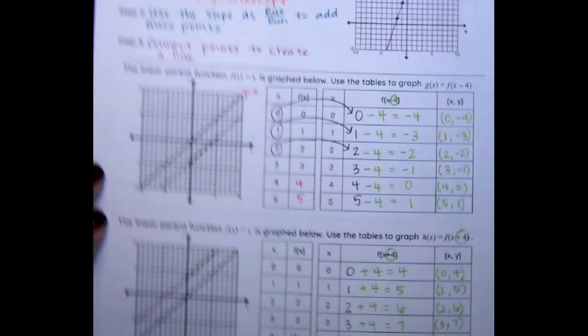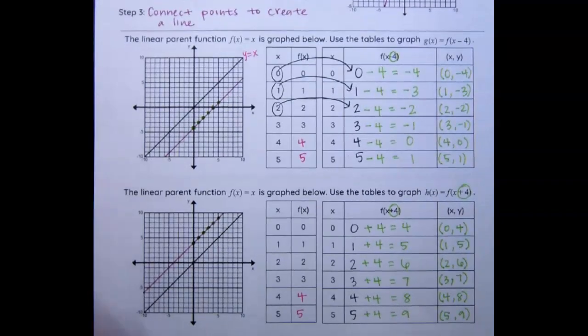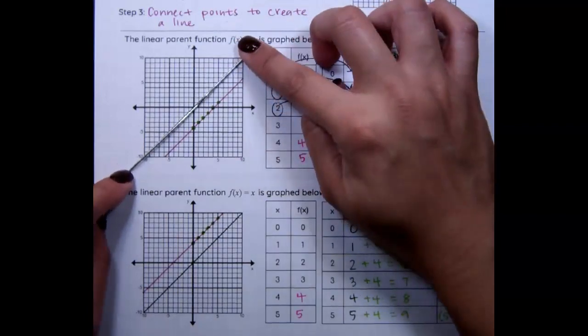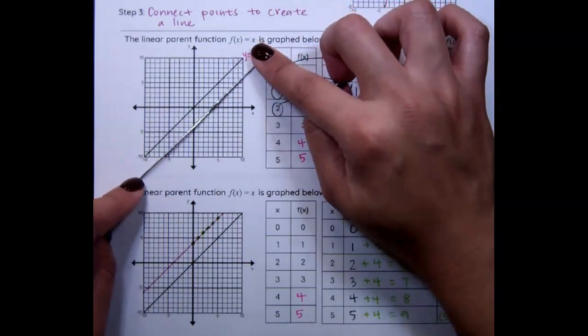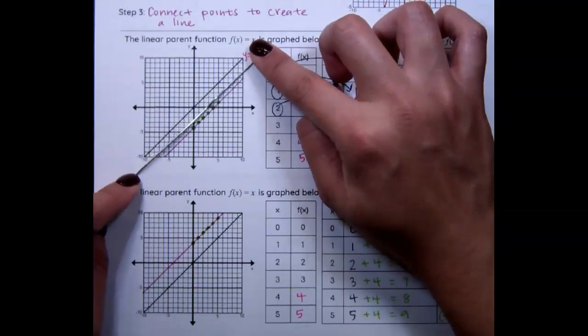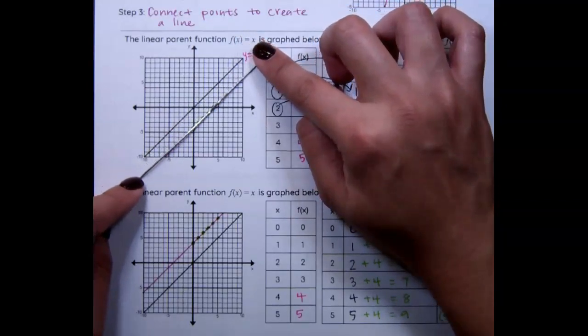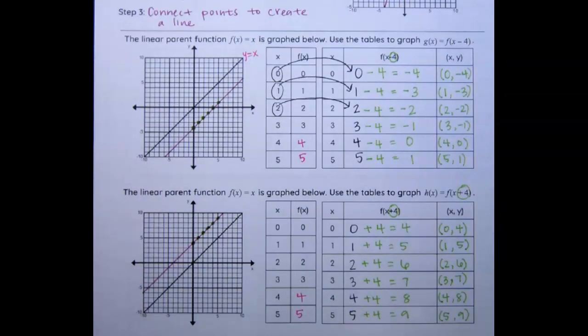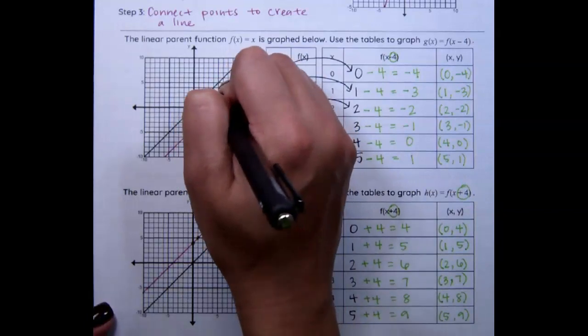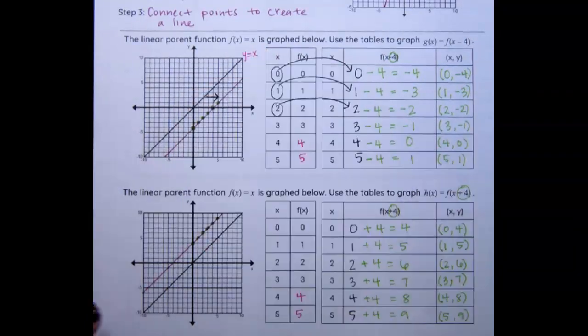So I'm going to use my paper clip to try to see if we can figure out how it moved. Horizontal is sideways. So it means I'm either moving left or right. So if this is my parent function and it ended up here, that means I took this and I moved it to the right. So I'm going to draw an arrow that shows that I moved this line over to the right.